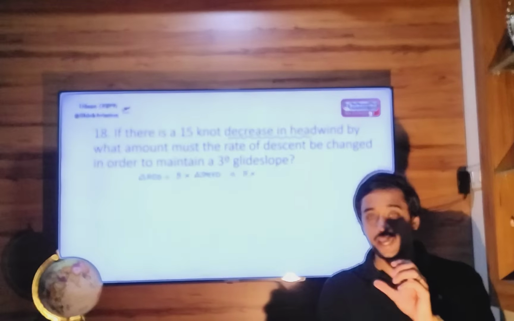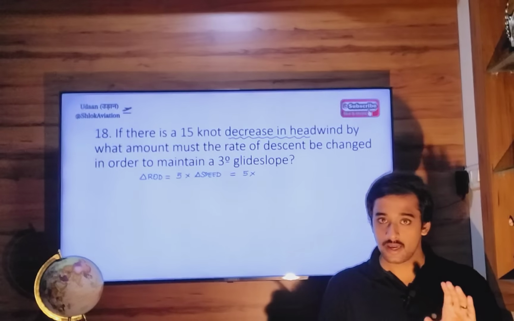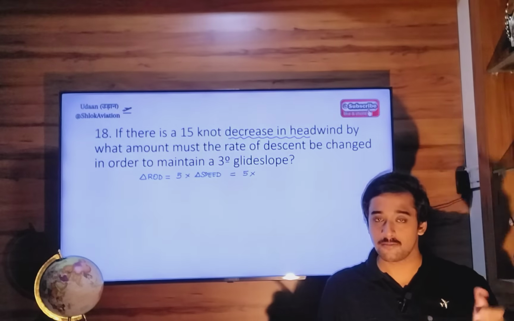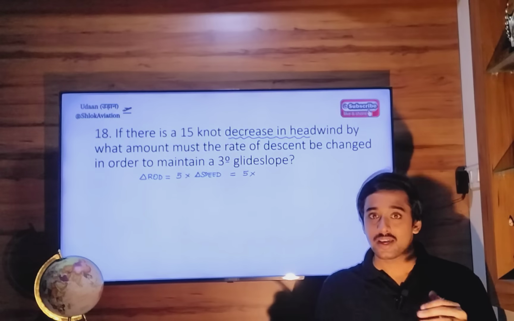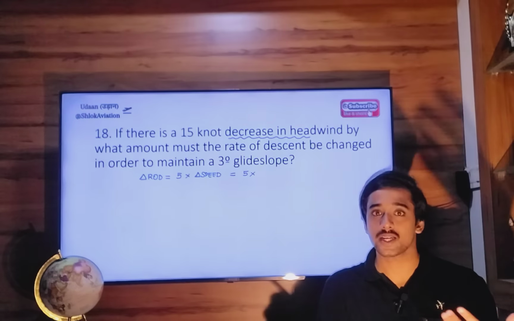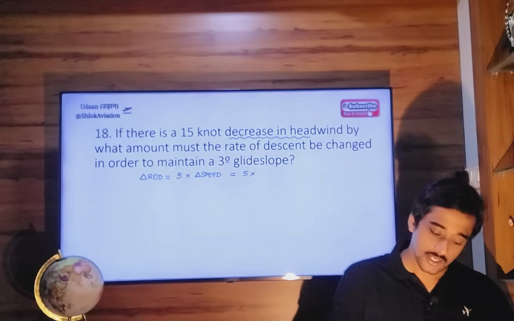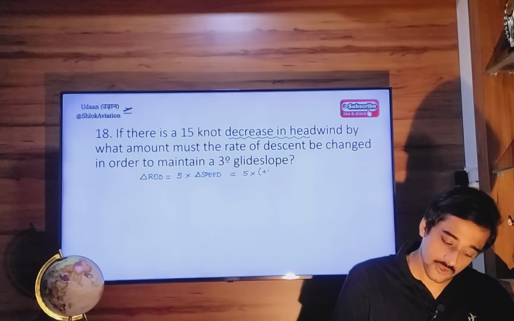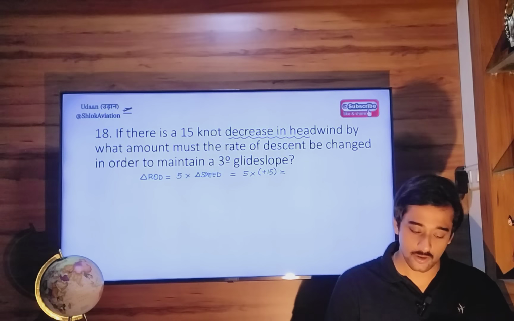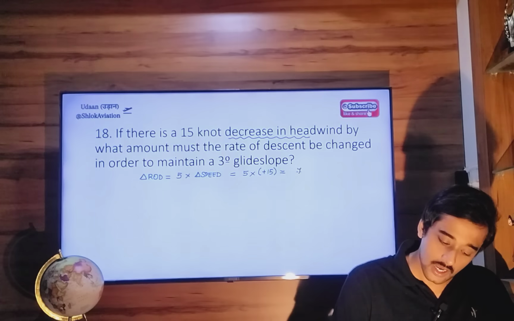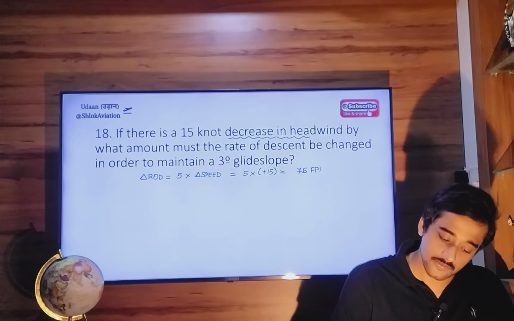Now a decrease in headwind component will increase your ground speed by that much amount. So if headwind component decreases by 15 knots, it will increase your ground speed by another 15 knots, right? So 5 into plus 15. So 5 into 15 is 75. So the answer is 75 feet per minute.